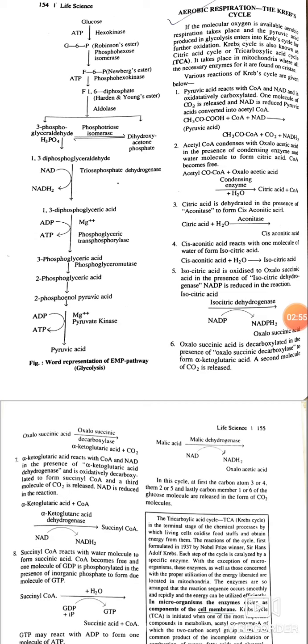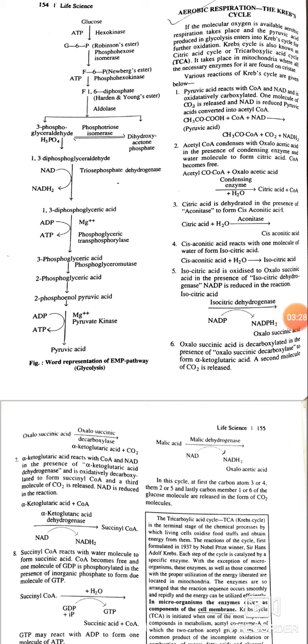Next, isocitric acid is oxidized to oxalosuccinic acid in the presence of isocitric dehydrogenase. NADP is reduced in this reaction. Isocitric acid is converted into oxalosuccinic acid and the reducing power NADPH is produced.